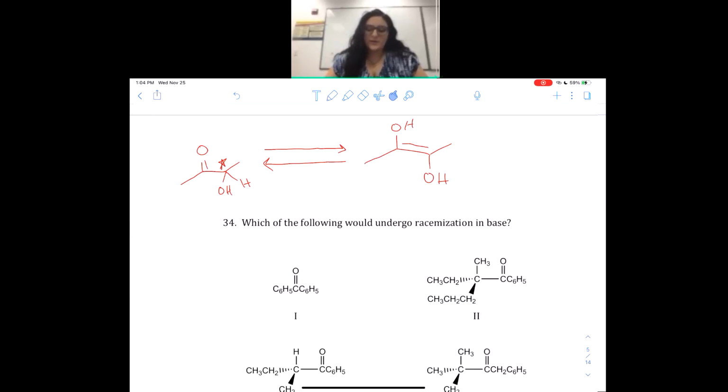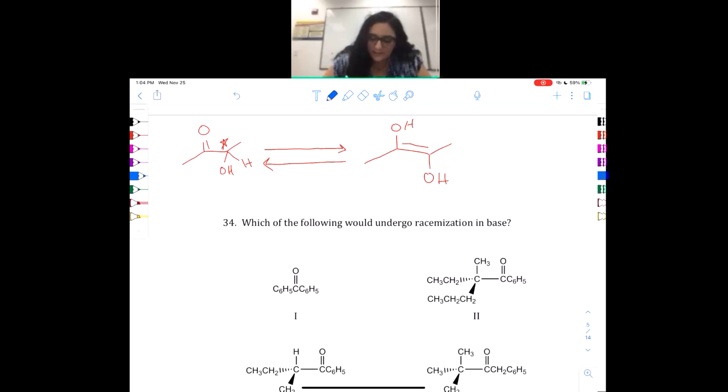So since we started with a chiral center, we went to something planar. Now when the hydrogen attacks here again in order to reform sp3, I'm just going to move this ever so slightly, we can actually make the R and S products.